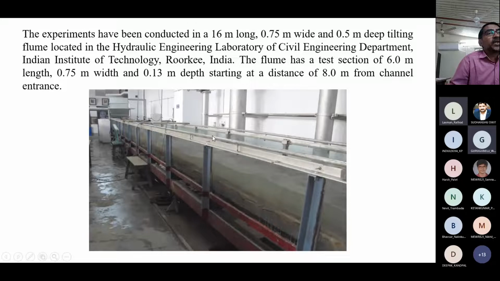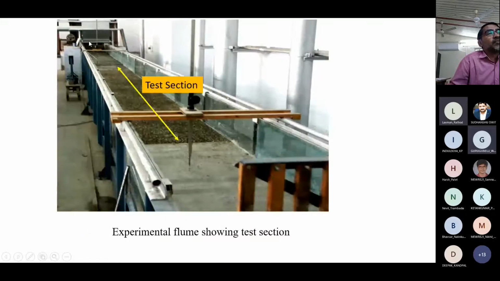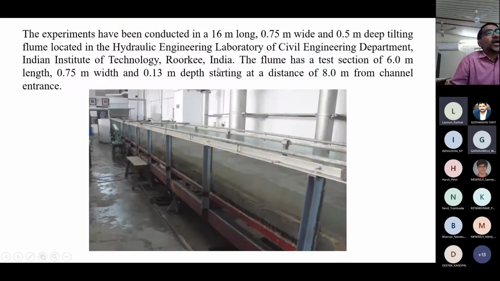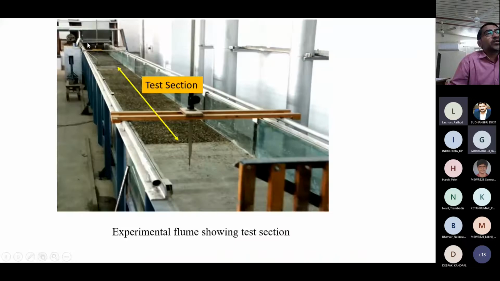So what is that 8 meter exactly? From here, this distance was 8 meter. The total length was 16 meter. So I have left 8 meter here, so that flow could be fully developed when it reaches the test section. Because initially, when water is coming into the flume, a lot of turbulence is there.